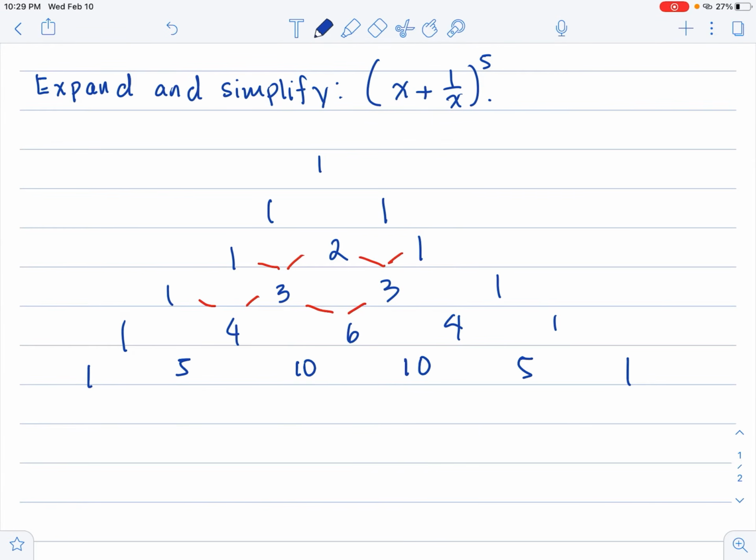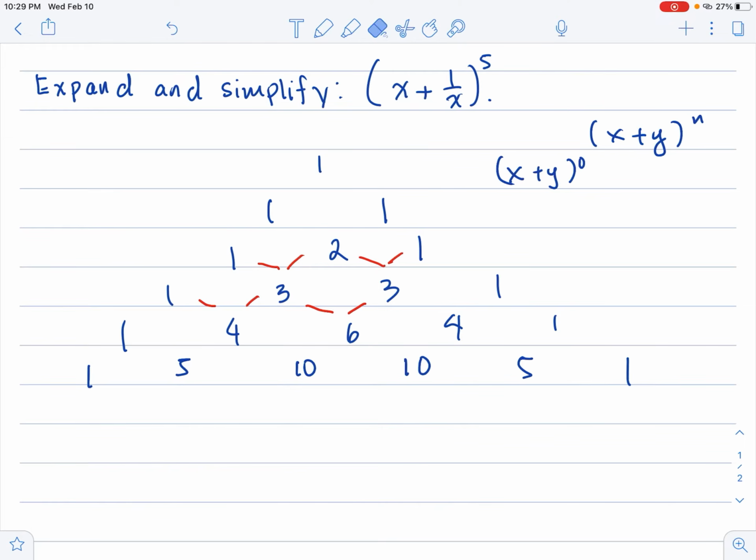Now, ano kinalaman ng Pascal's triangle sa question natin, no? Now, the Pascal's triangle is actually the numerical coefficients of the expansion of x plus y quantity raised to n, no? Where n is an integer. For example, yung sa 1, this is x plus y raised to the 0.